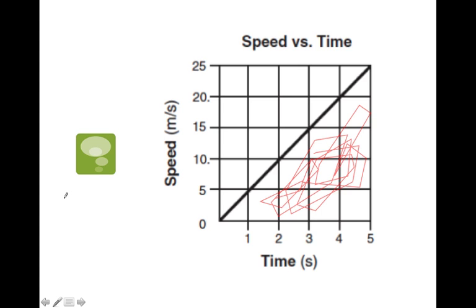So looking at this graph, my base is 5 and my height is 25. And then I multiply that by 1/2 and you should get a total distance of 62.5 meters. And then, if you were ever asked anything about the acceleration, you would just take the slope of that line. Yes, Ellie, speed versus time and velocity versus time is essentially the same thing.